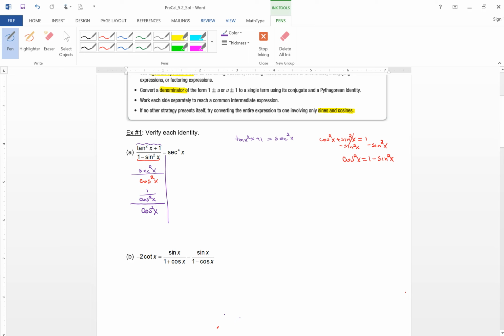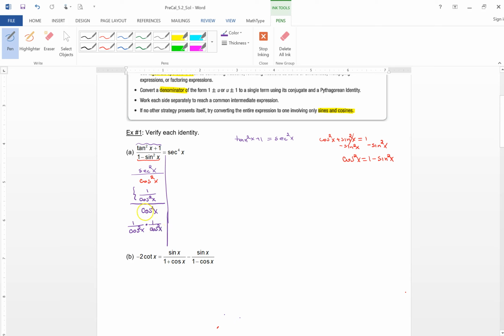So look at what I have here. What I have is 1 over cosine squared divided by cosine squared. So this is 1 over cosine squared x times 1 over cosine squared x.